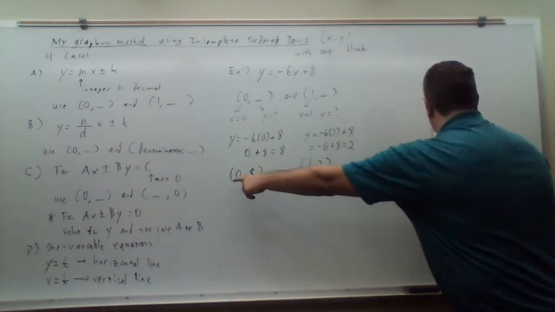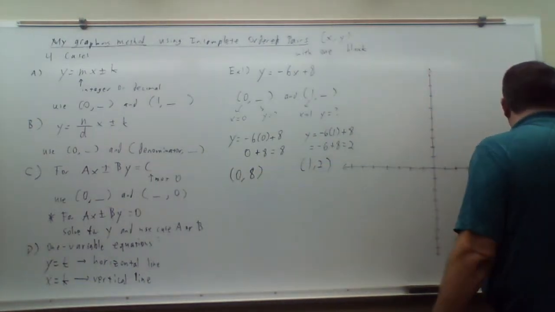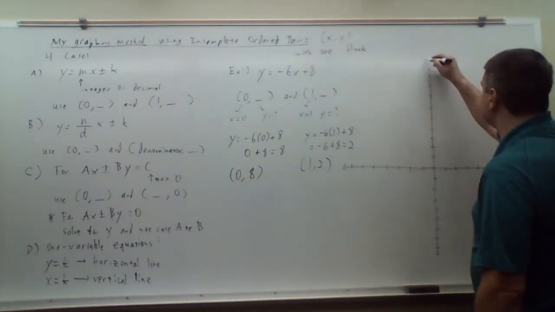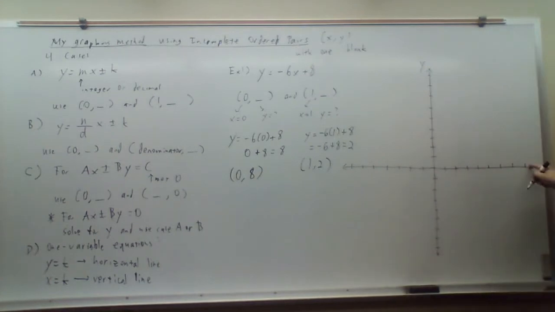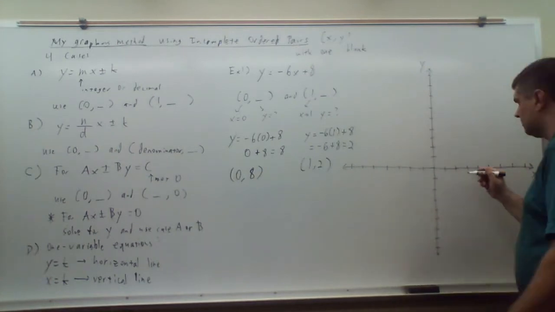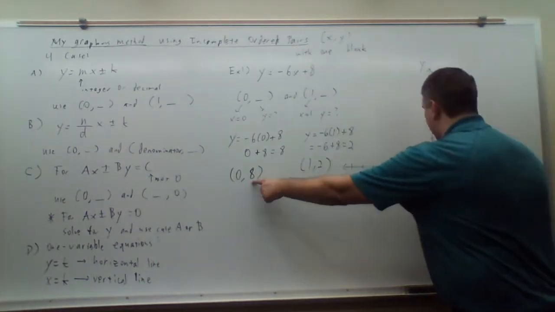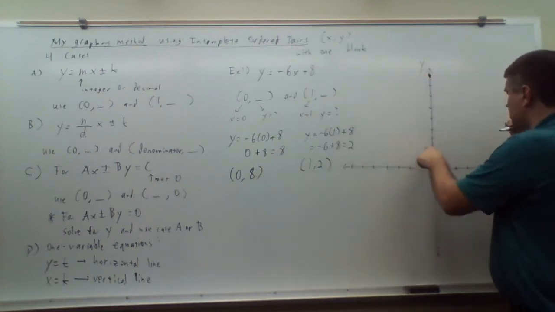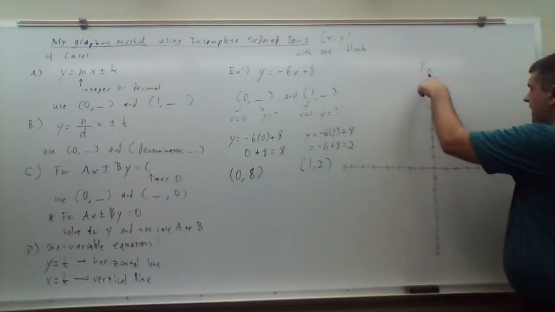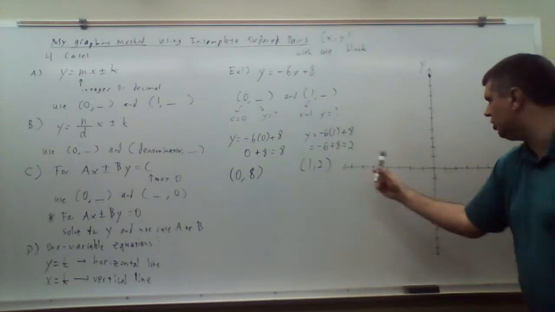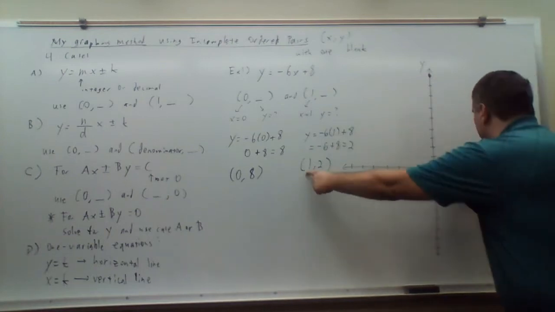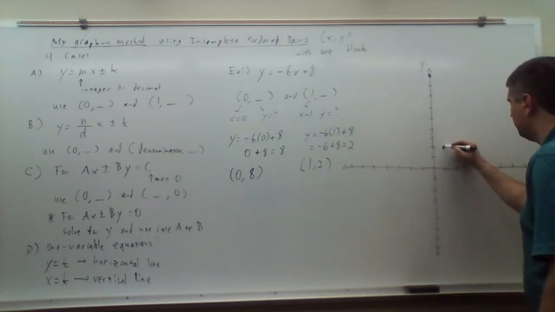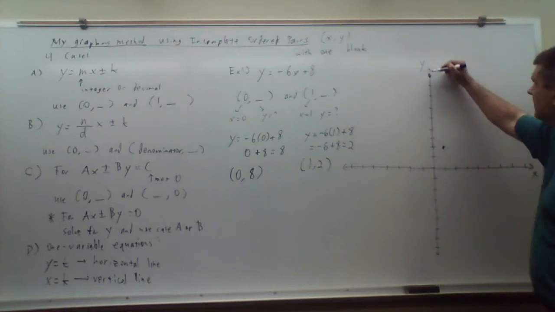So 0, 8: left, right, nothing. This represents your x-axis, this represents your y-axis. So 0, 8 is left, right, nothing, up 8. 1, 2, 3, 4, 5, 6, 7, 8. Then 1, 2. So x equals 1, y equals 2.